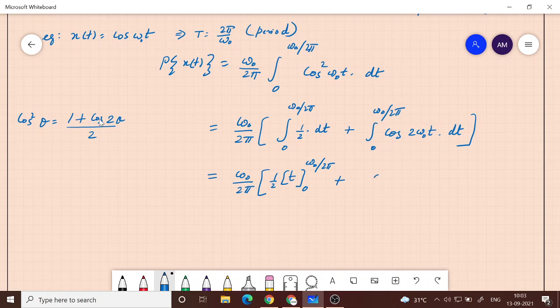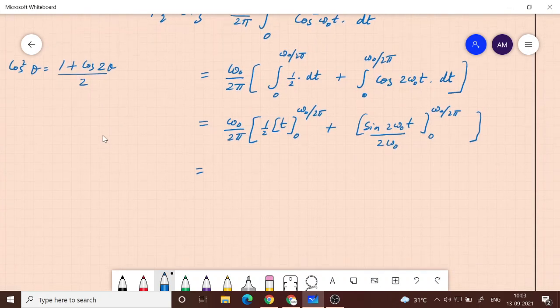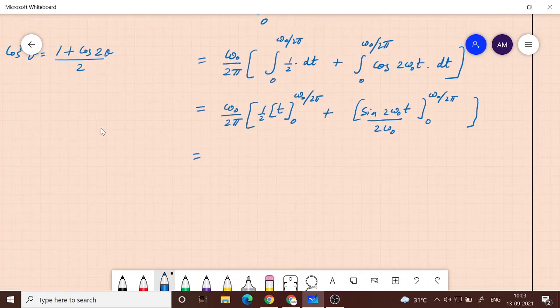So sine 2 omega t divided by 2 omega 0 to omega 0 by 2 pi. So what we will get, omega 0 by 2 pi.